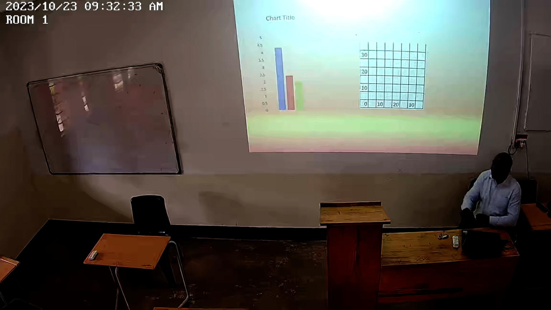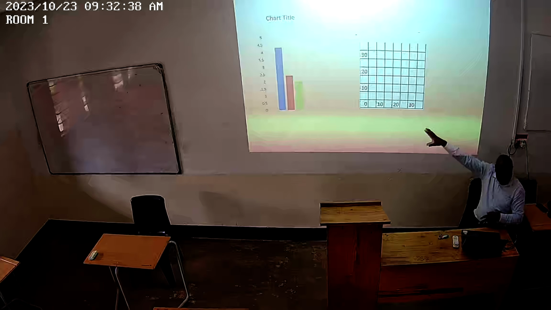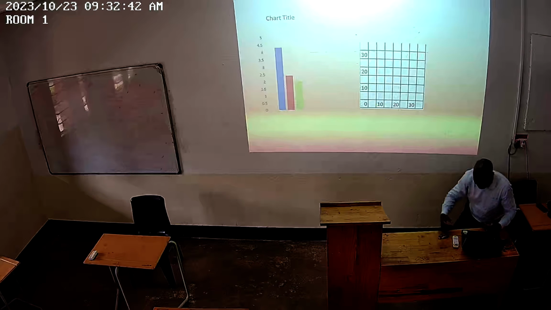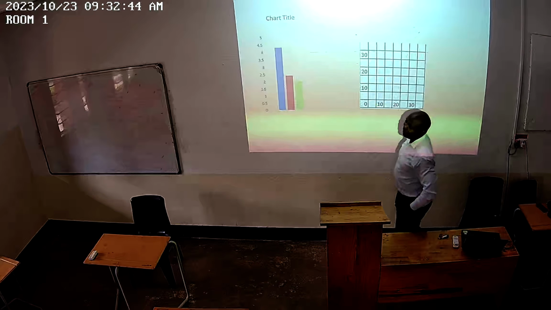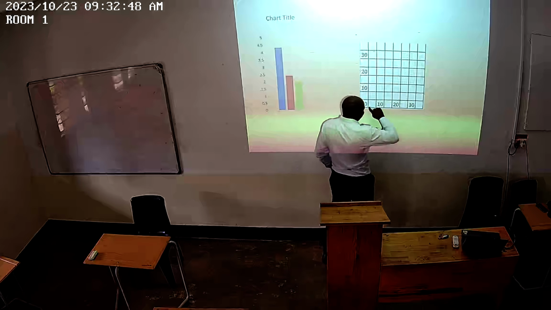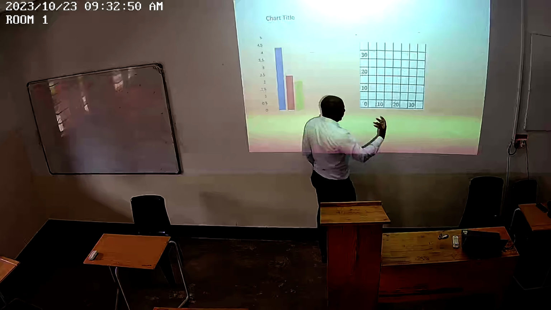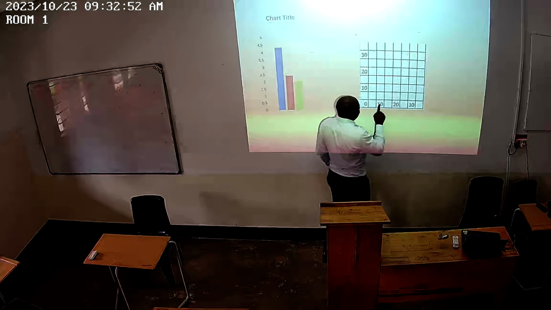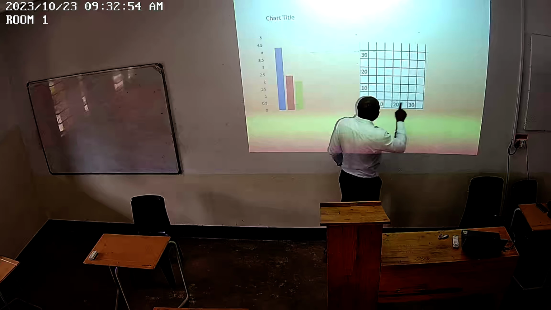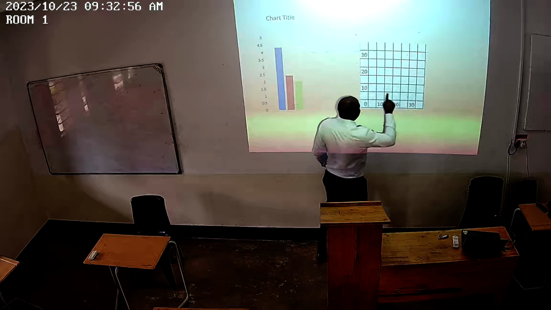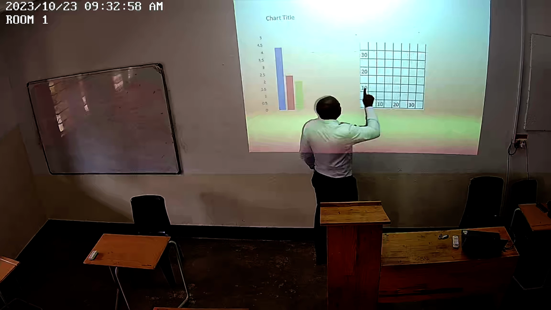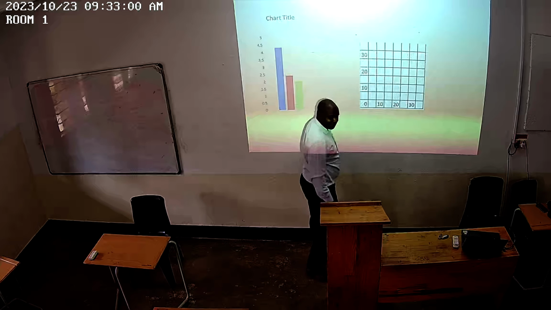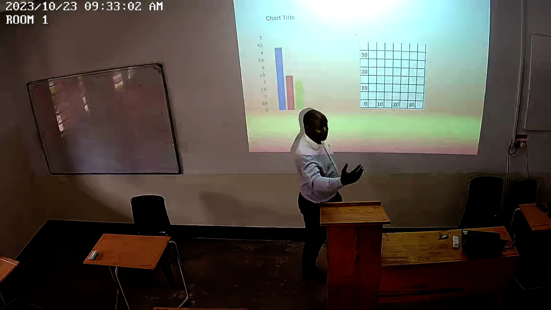Okay, so the line chart has been projected like this, using this information. It begins from here. These numbers are telling us that as months or days increase, the number of absentees is also increasing.